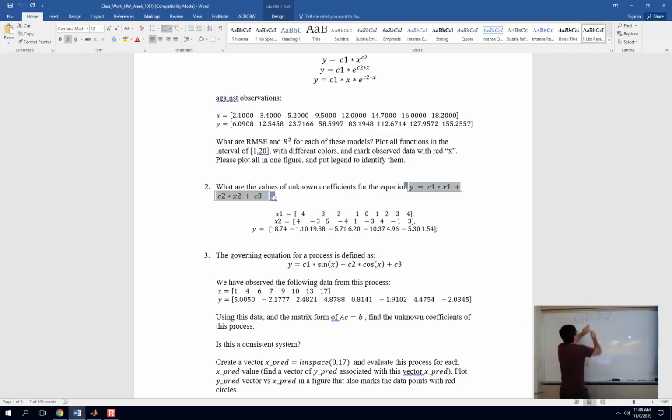Otherwise, they wouldn't be. Well, you need a prime as well, right? Because they are horizontal. We need to make them vertical. They should be the same size, otherwise they will not be in the same matrix. So lengths of x1 comma 1.